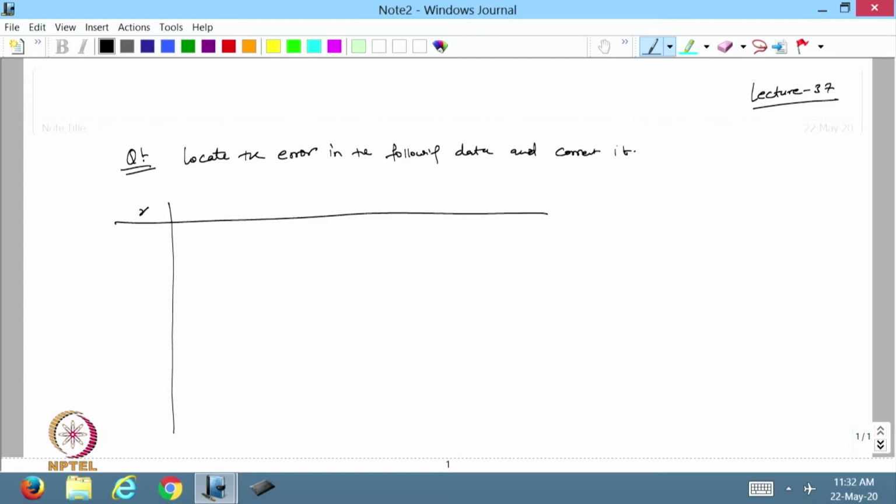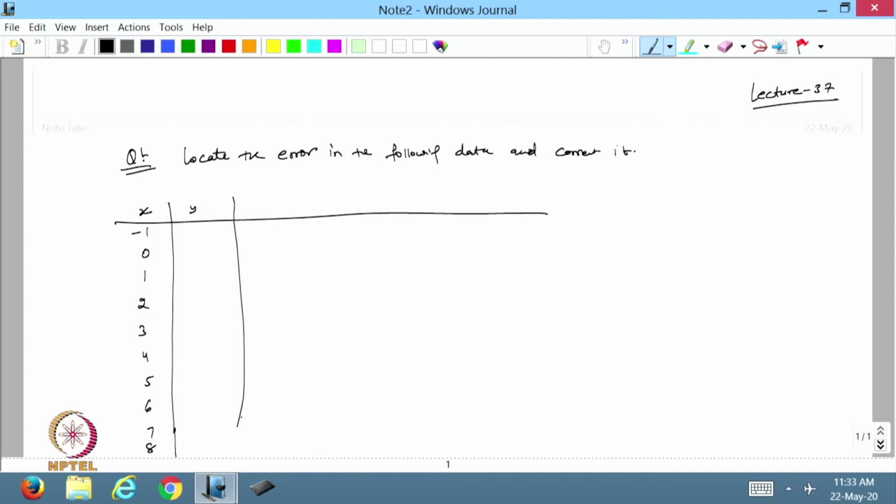These are the values given to me, x and y. So, x is -1, 0, 1, 2, 3, 4, 5, 6, 7, 8.